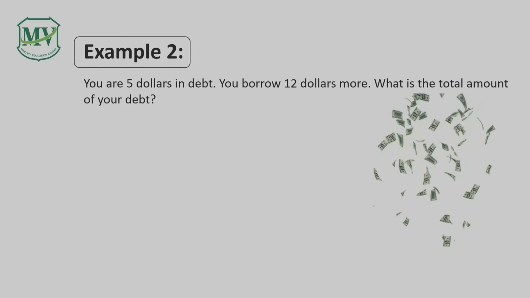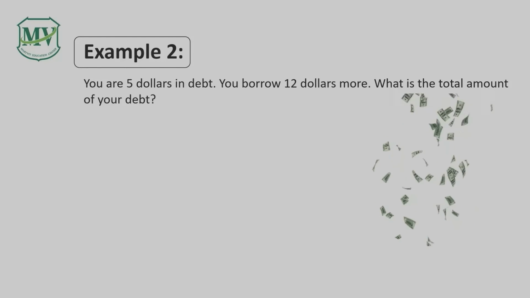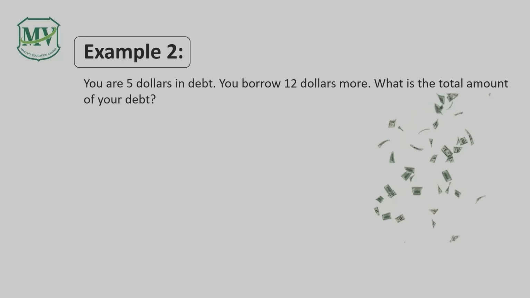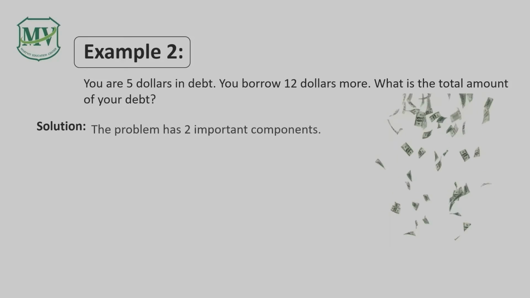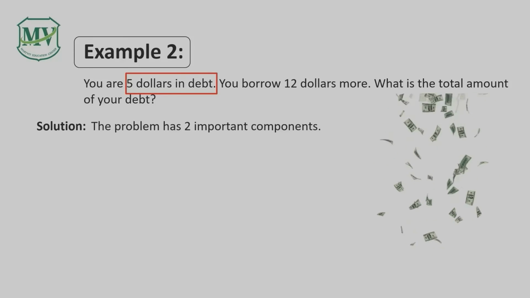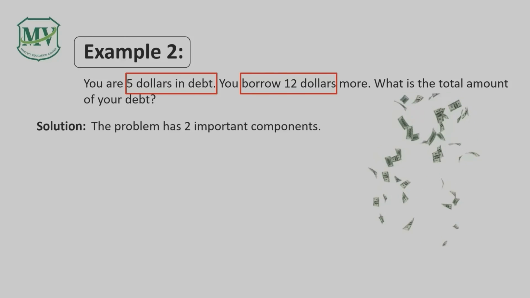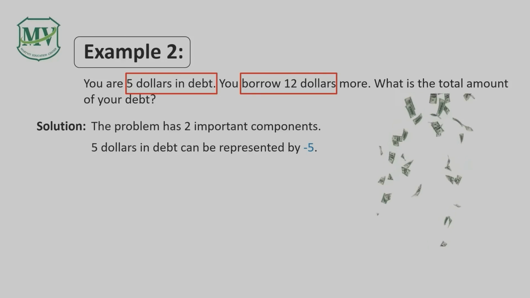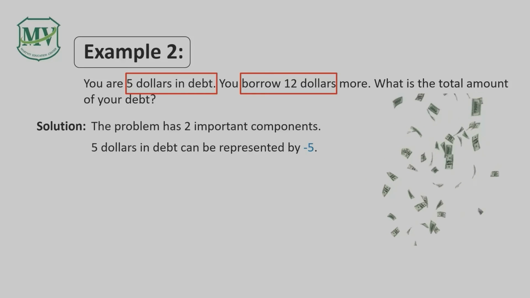Example number 2. You are $5 in debt. You borrow $12 more. What is the total amount of your debt? The problem has 2 important components: $5 in debt and borrow $12. $5 in debt can be represented by negative 5.